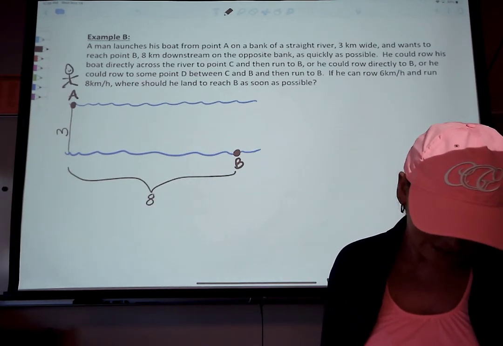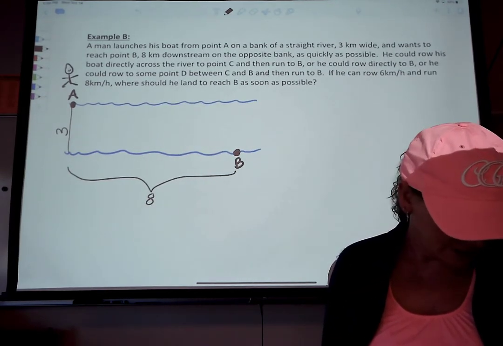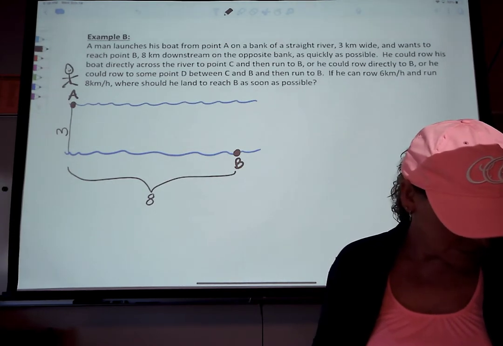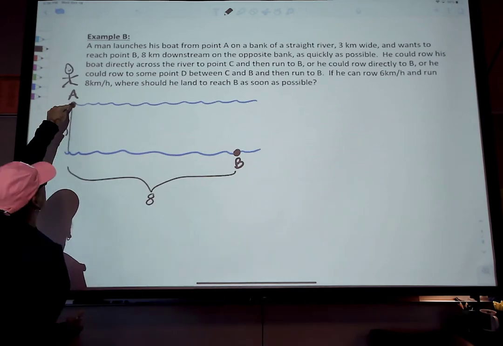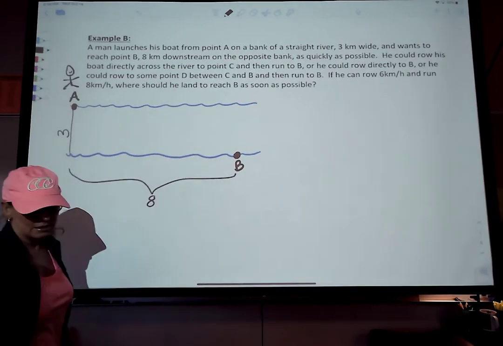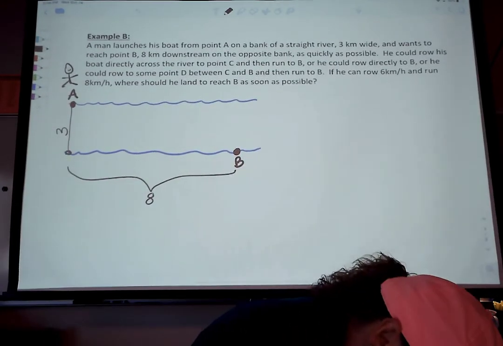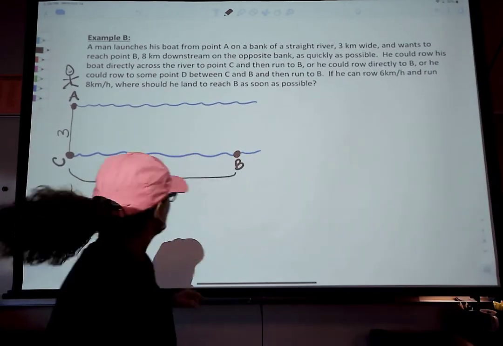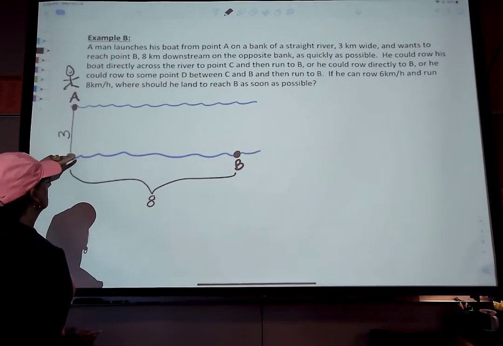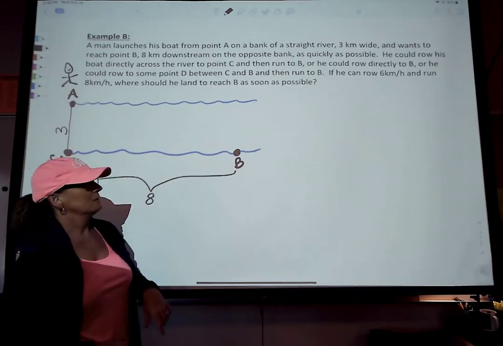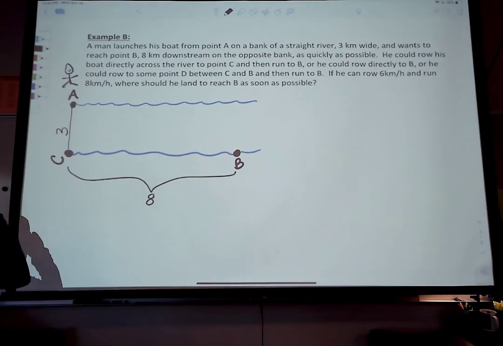Here are his choices. Option 1, he could row his boat directly across the river to point C. So we're going to row straight here to C. Let's make a C there. So he could row directly across, get out of the boat, and run all the way to B. That's option number 1.